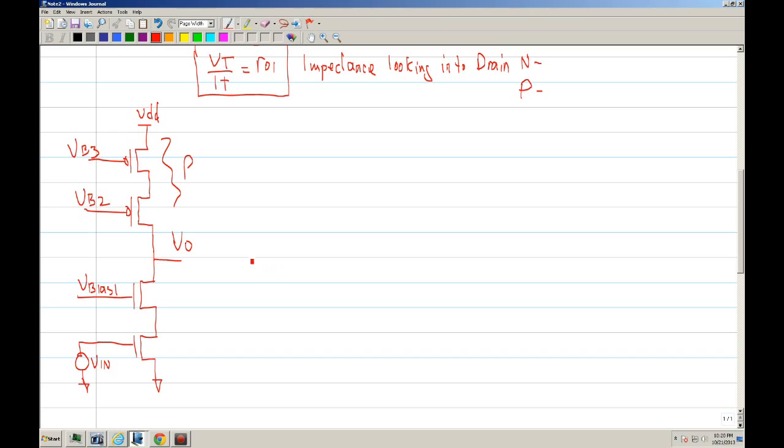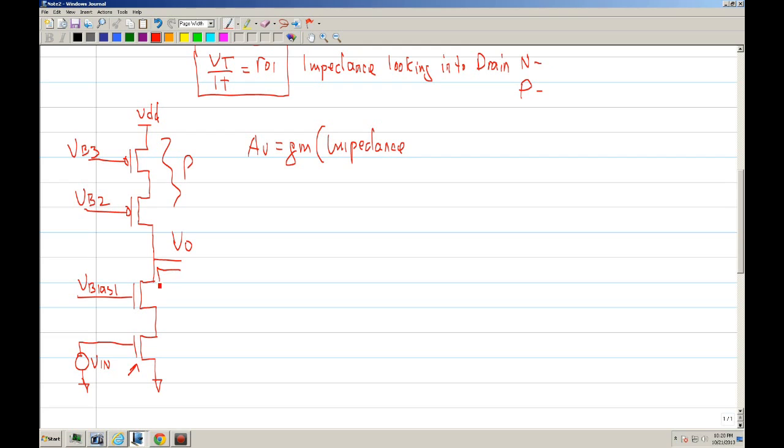Okay, so the analysis is going to be the same. We know that the gain is going to start with a gm, and typically it's the gm of this one. And then it's the impedance at the output node, and this is the output node.